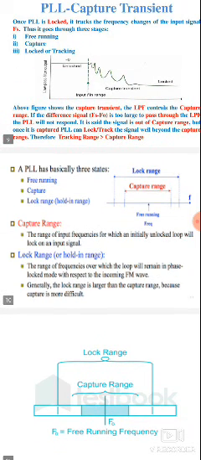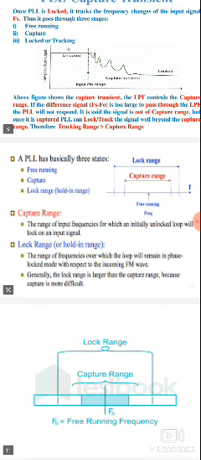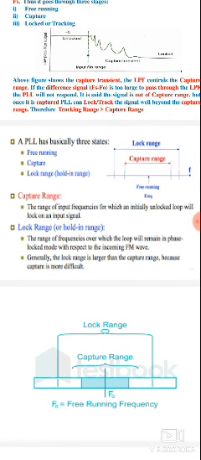In the capture range, Fs minus F naught is observed, where Fs is the input signal frequency and F naught is the output signal frequency. If the difference Fs minus F naught is too high, the PLL will not respond, so the signal is said to be out of the capture range. But once capturing starts, the difference between Fs and F naught will be less.